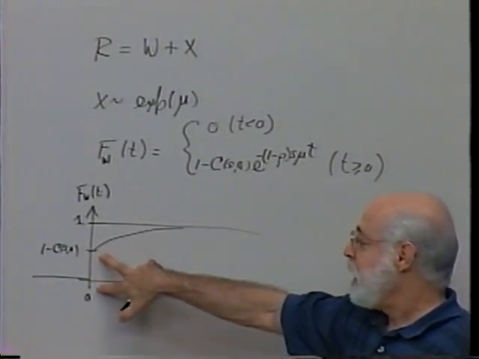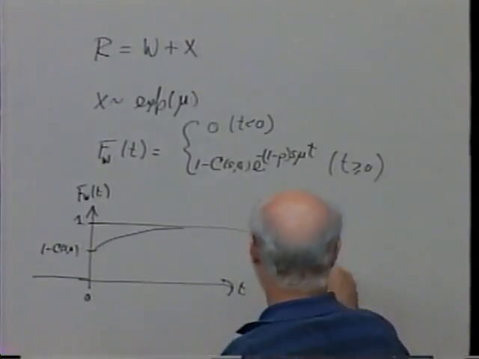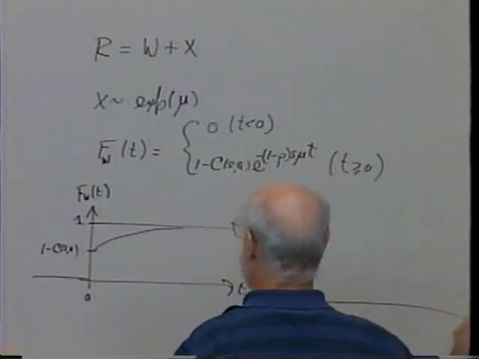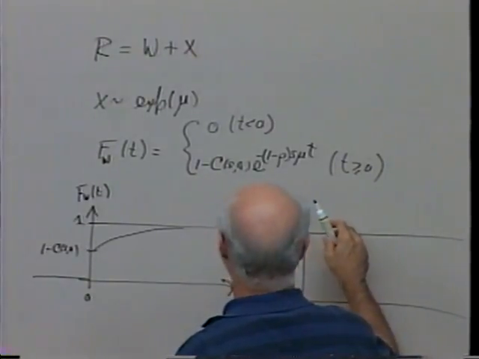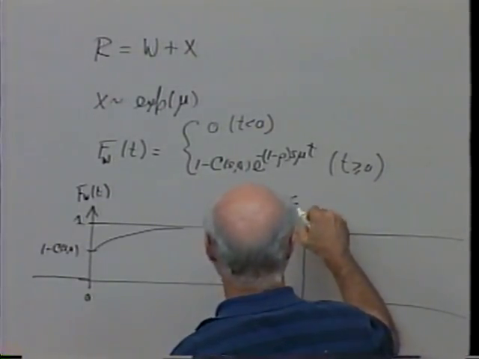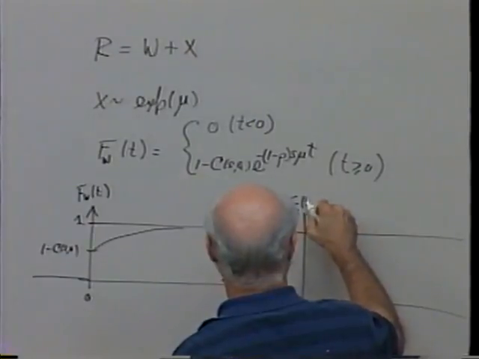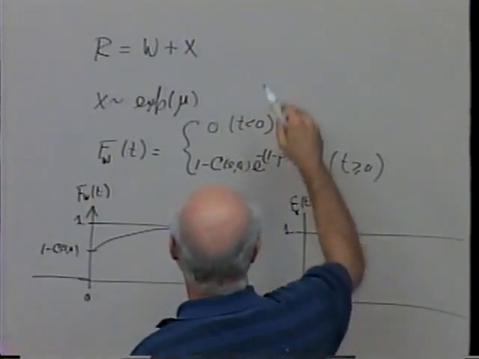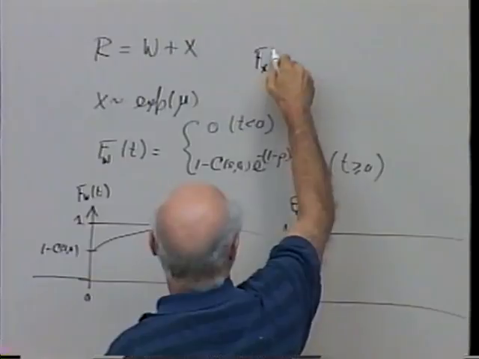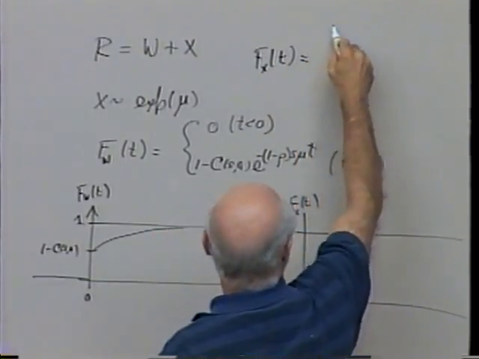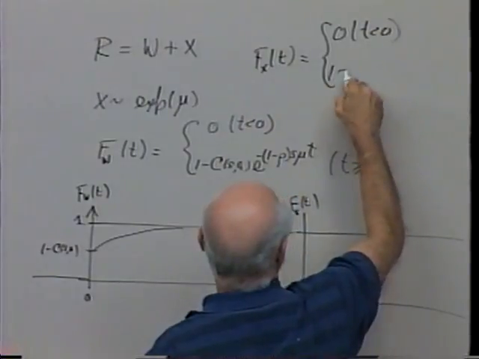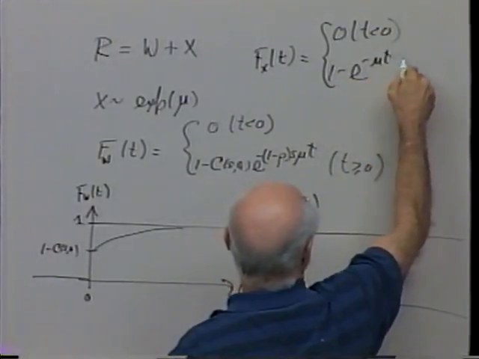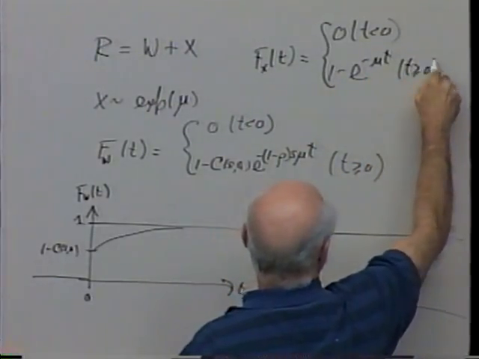Now, if I look at the ordinary exponential, here's the ordinary exponential. So now I'm going to plot the distribution function of X. The distribution function of X, if X is exponential, was 0 for t negative and 1 minus e to the minus mu t for t not negative.